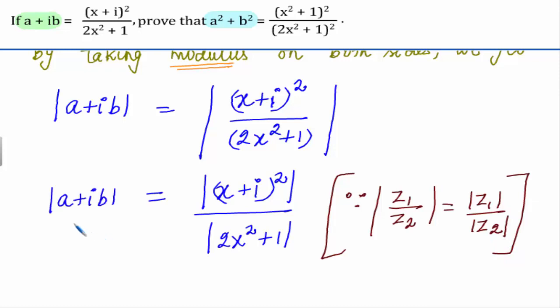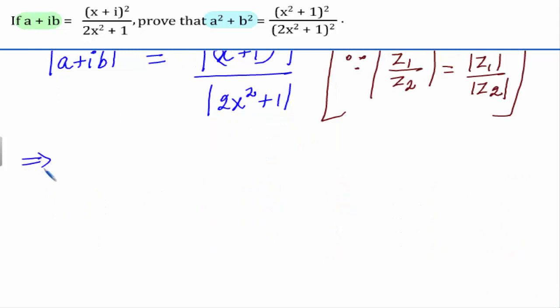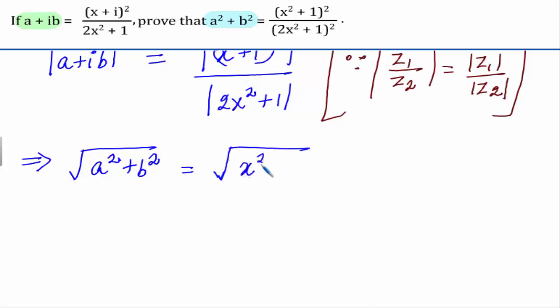Now let us find the modulus of a plus ib first. So we get root over a square plus b square. So this will be equal to modulus of (x plus i) whole square, which is root over (x square plus 1 square) whole square.